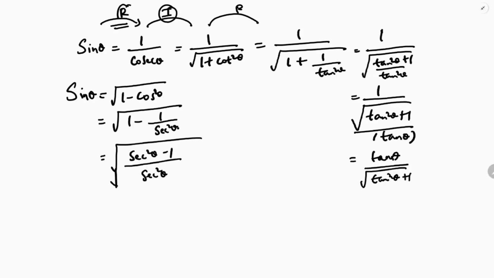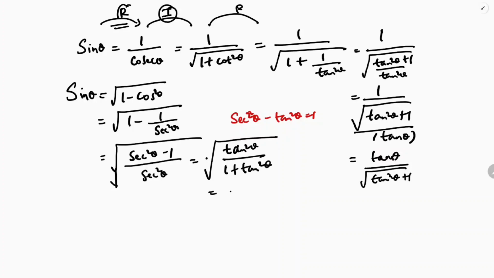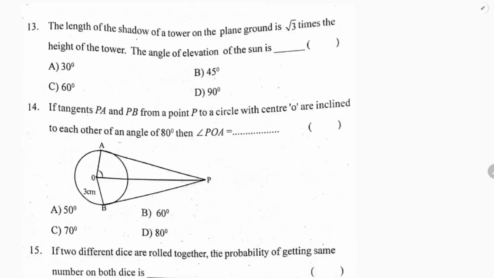Using the identity secant square theta minus tan square theta is 1, secant square theta minus 1 is directly tan square theta, and secant square theta is 1 plus tan square theta. So under root tan square theta is tan theta by under root 1 plus tan square theta. In this way we can simplify this.